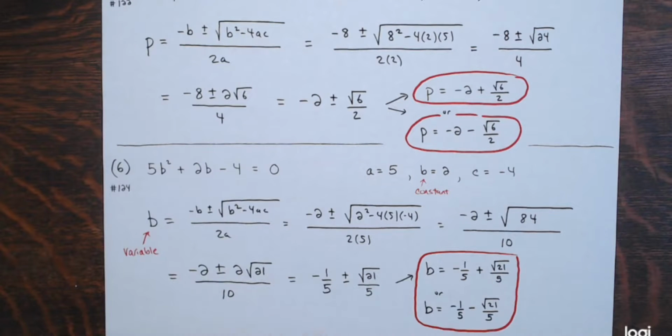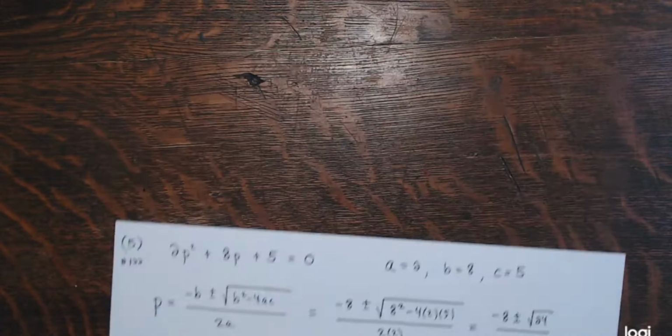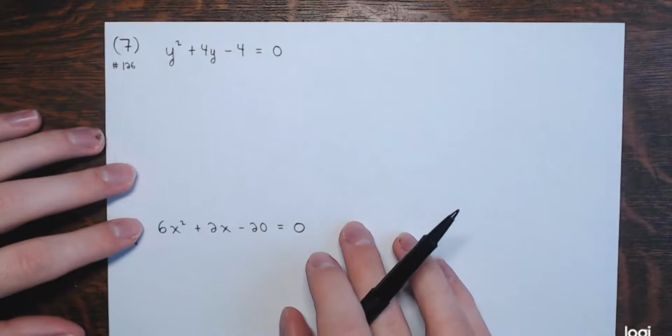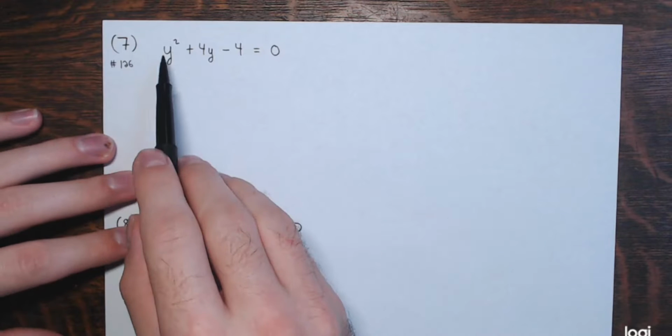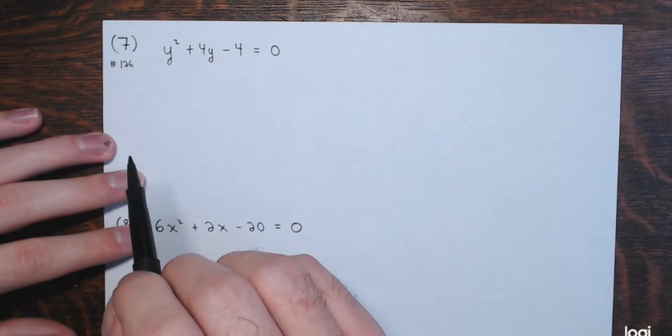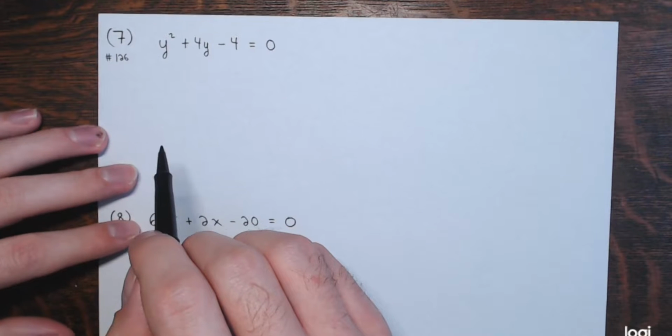Okay. Next question. Same stuff. I'm doing the same thing every time, just making sure the quadratic equation we have is in that form where you have a quadratic term, linear term, and constant term added up on one side and 0 on the other, which this one is.